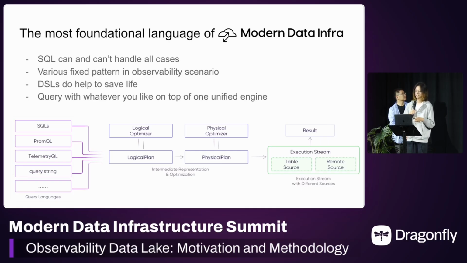And in observability, the good thing is you actually don't need to express everything with your query language. The things you will need to do with your observability data are kind of limited.